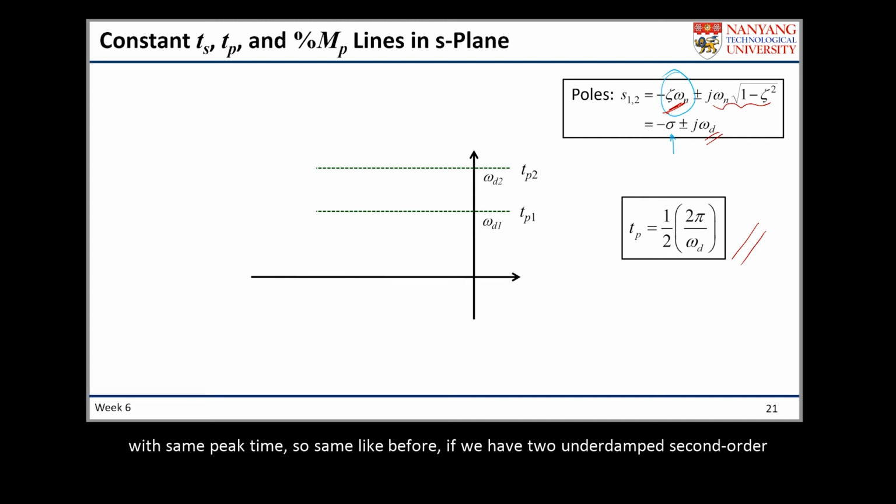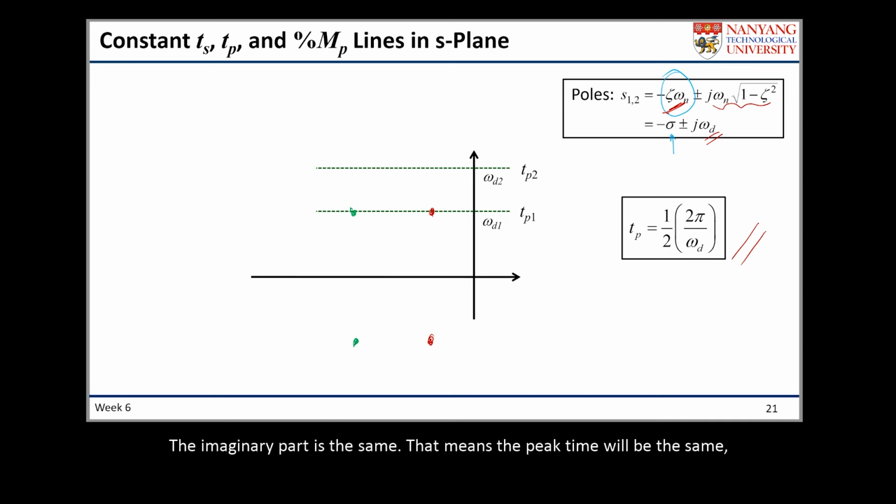Same as before, if we have two underdamped second order systems, and let's say the first system has a complex conjugate pair of poles at these two locations, and then the second system, also an underdamped second order system, has poles at this location, if you compare these two pairs of poles, they have the same imaginary part.